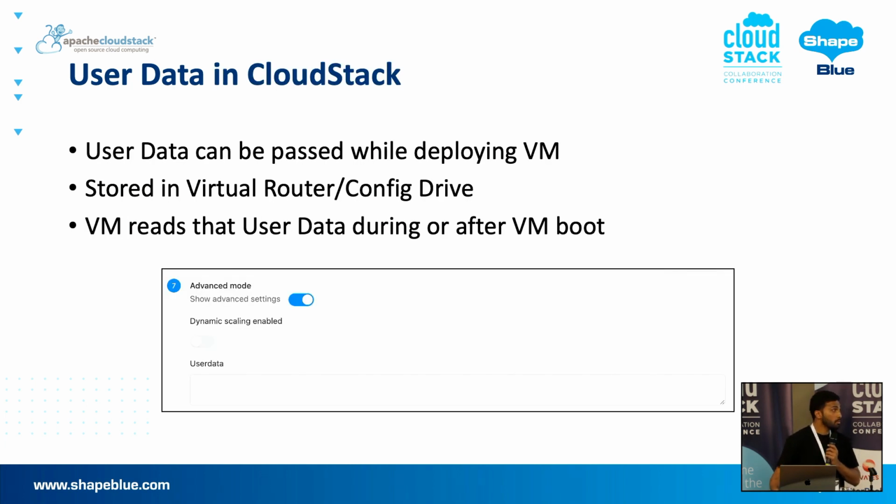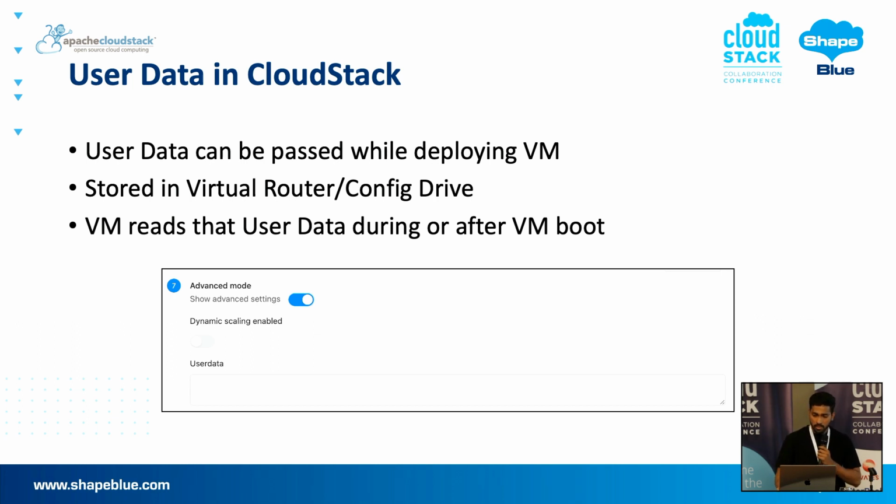You might have already seen this in CloudStack. When we deploy the VM, we provide the text in the user data box. It used to be like this, but we have changed it after we introduced the managed user data feature.